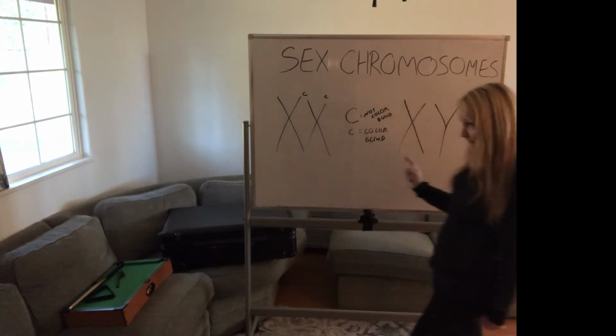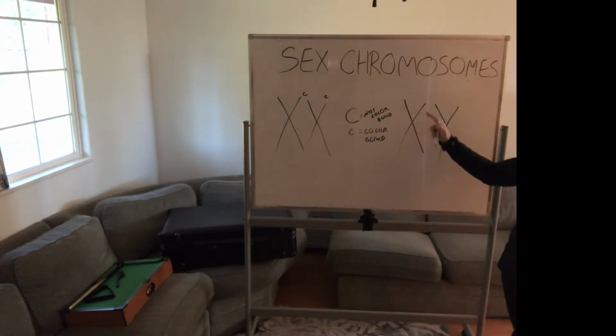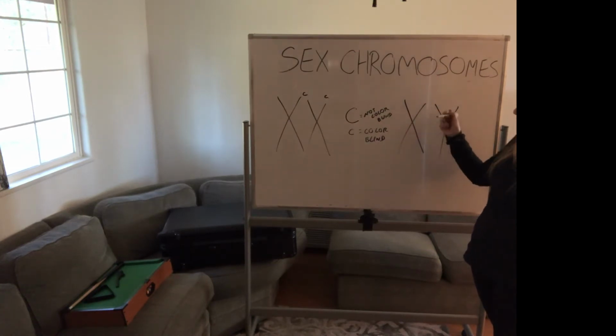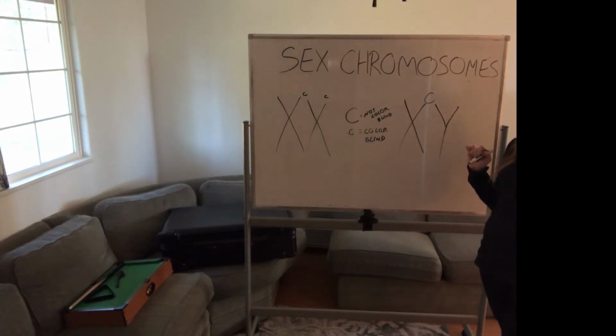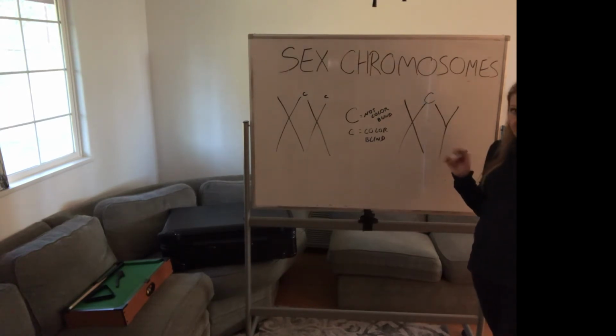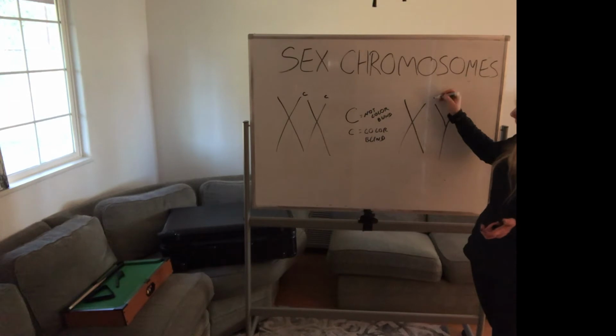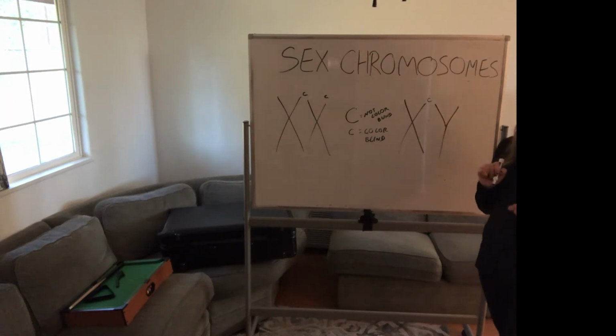Now let's look at the male. Since the gene for colorblindness is found on the X chromosome, not on the Y, there's nothing going to be over here. So here, if the male has a big C on the X chromosome, the male is not colorblind. However, if the male gets a little c, the male is now colorblind.